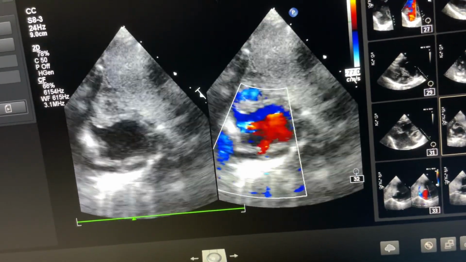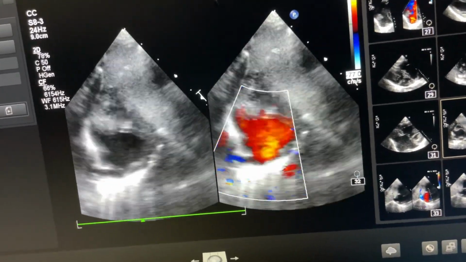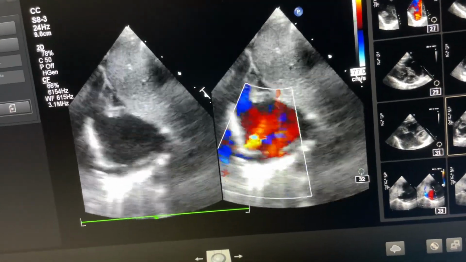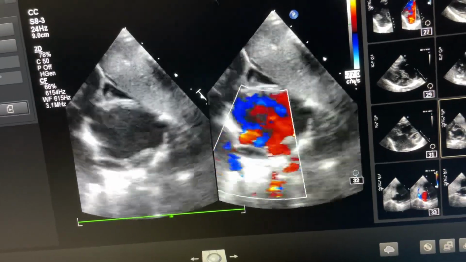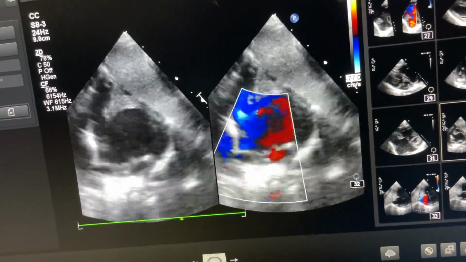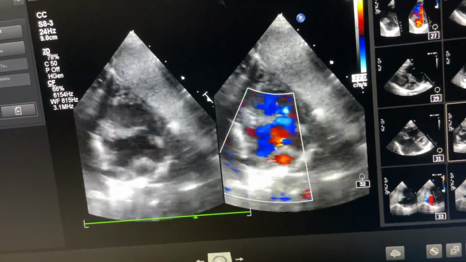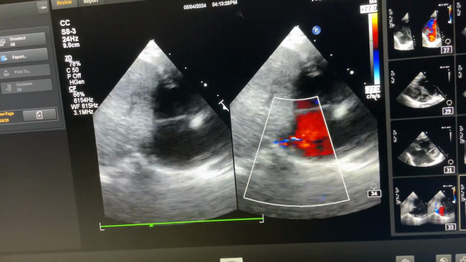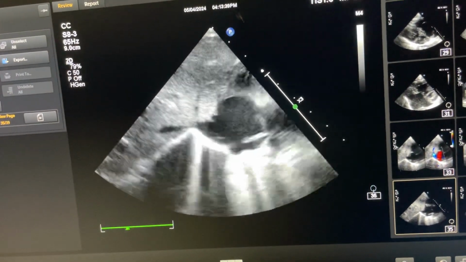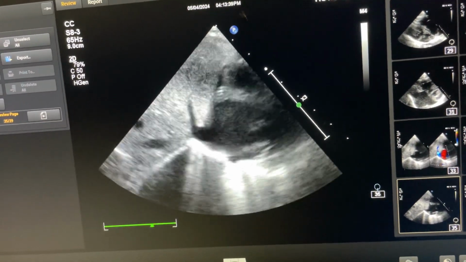If flow is coming near the IVC, then that will be IVC type of sinus venosus ASD. In that case, right lower pulmonary vein is communicating directly. In case of SVC type of sinus venosus ASD, right upper pulmonary vein is directly communicating with right atrium through SVC.